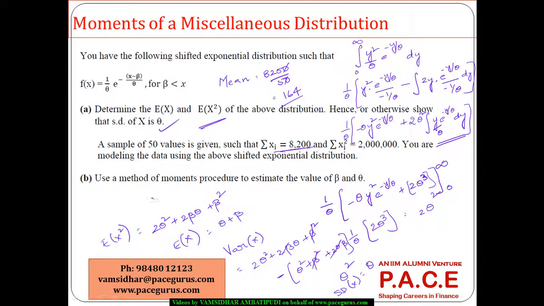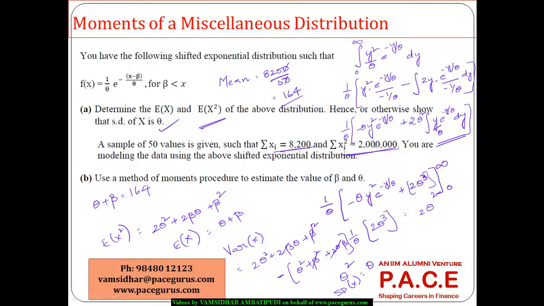And I know mean is nothing but theta plus beta. Theta plus beta is 164, and sigma xi squared is 2 million.